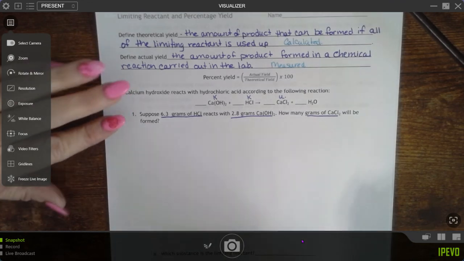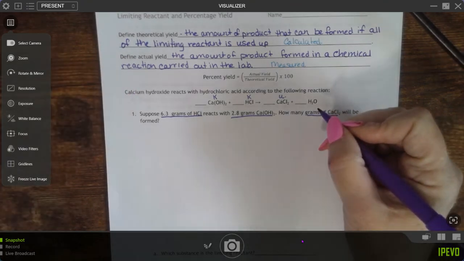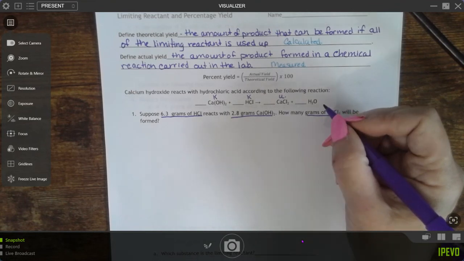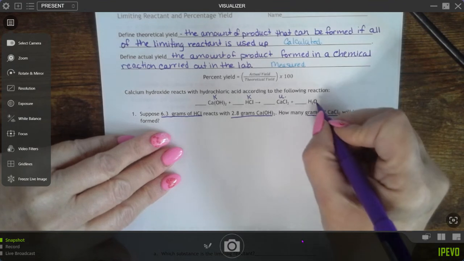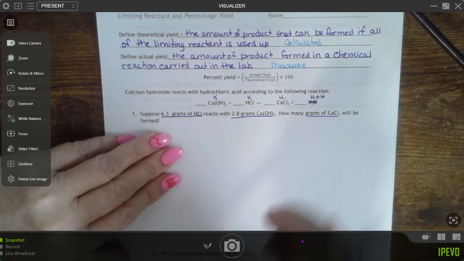The first thing that we need to do is balance this equation. One of the things that I always say when balancing equations with water is instead of having H2O, to write this as HOH.